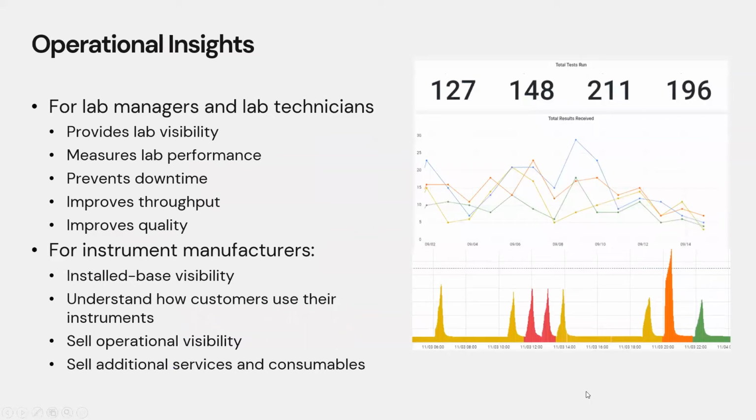So let's dig into the operational insights side of the story a bit more. Operational insights, when you first think of it, is really for lab managers and lab technicians to improve their operations, right? So you get visibility from the insights. You can measure your performance. You can prevent downtime by predictive and prescriptive types of analytics.